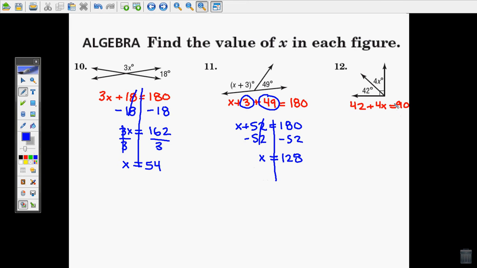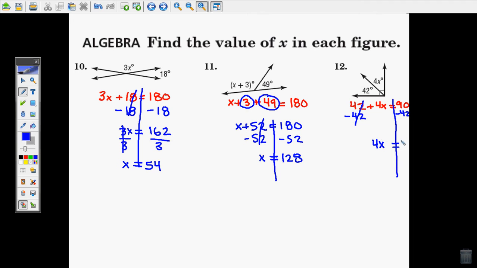And then with number 12, here we're going to take 42 away from each side first. That's going to leave us with 4x equals, and the value of 90 minus 42 is going to give us, what's that going to give us? 48.